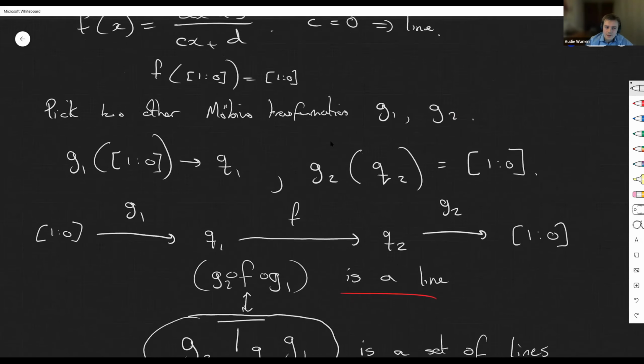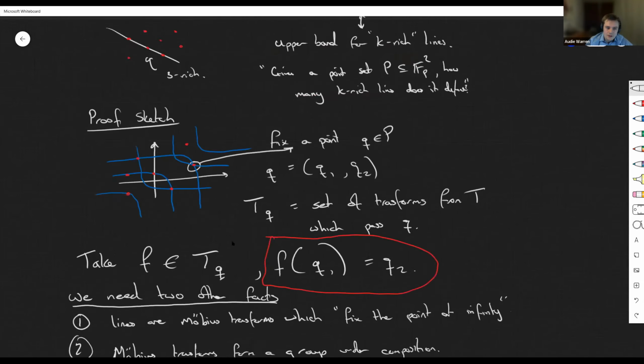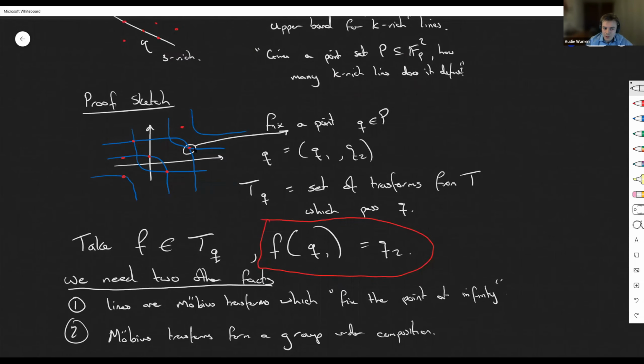I guess the only other non-standard thing is this is only a local bound for one Q, one point in our set. And so we end up having to actually sum over each of these points. Now, summing over each of these points does seem like a weakness to me. So if this argument can be improved, then that would be my first place to look. But that's what we have to do, right?